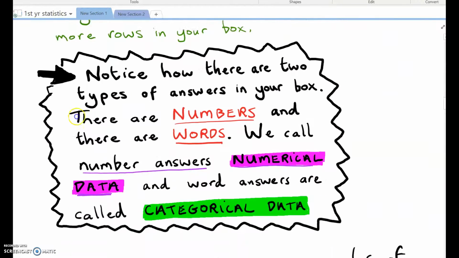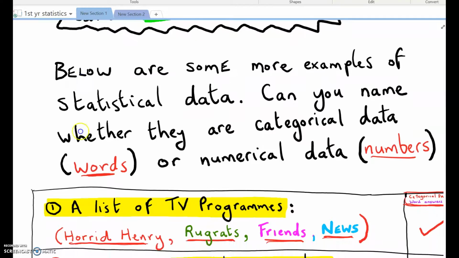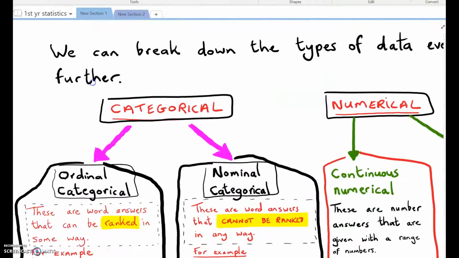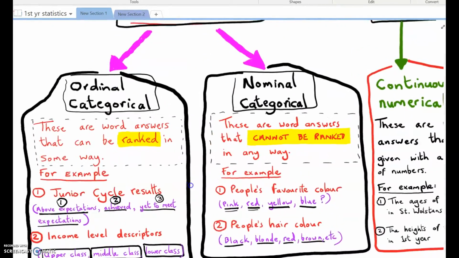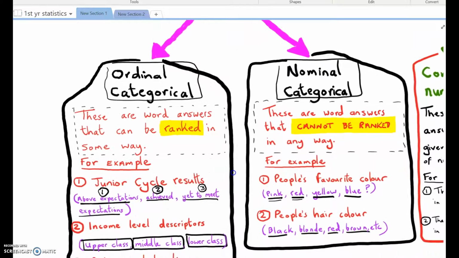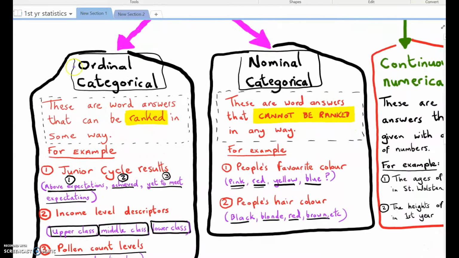Then we went on to look at the different types of categorical data that you can give. So you can give an answer that could be classed as ordinal categorical. That means you can rank the word answers in order.